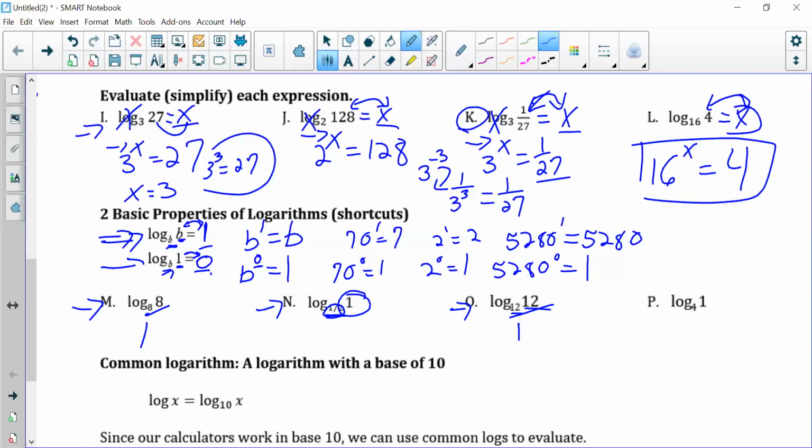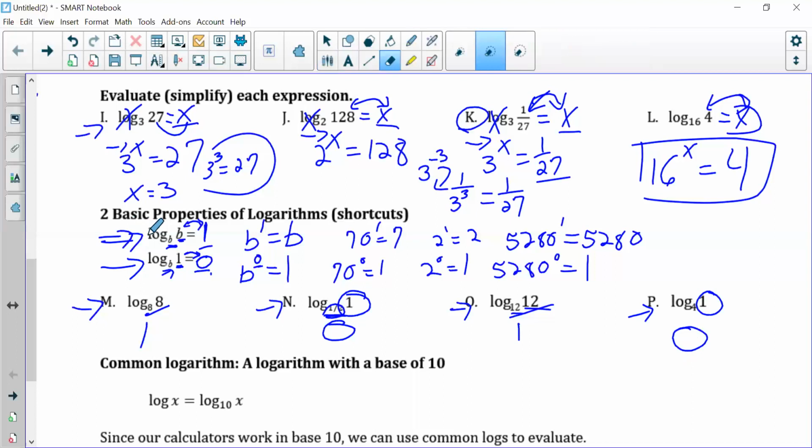And our rule tells us anytime, regardless of the base, if I've got a 1 in this y position, my answer is 0. Likewise, looking at P. Log base 4 of 1. Aha, I have a 1 in that y position, my answer is 0. All right, so make sure that you're paying attention to these rules. Let me erase some of my markings here so you can see them more clearly.